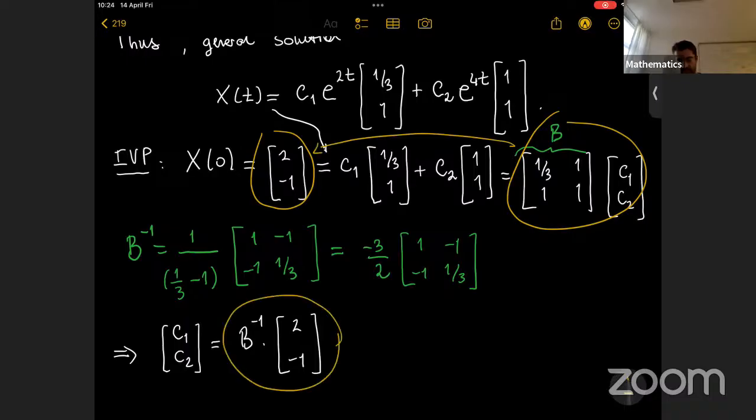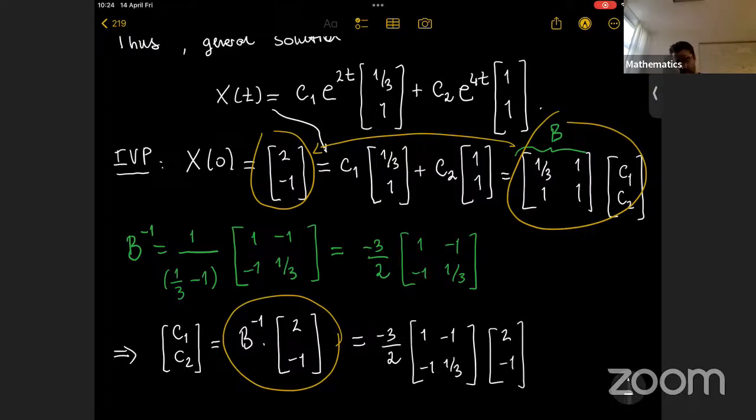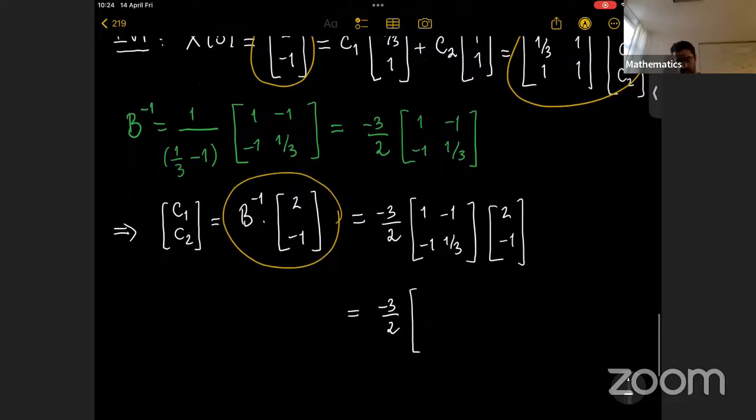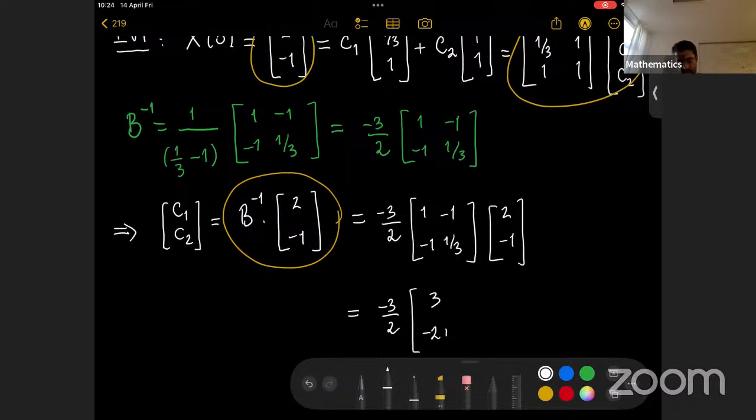This is minus 3/2 times (1, -1; -1, 1/3) times (2, -1), which is minus 3/2 times (3, -2 minus 1/3).